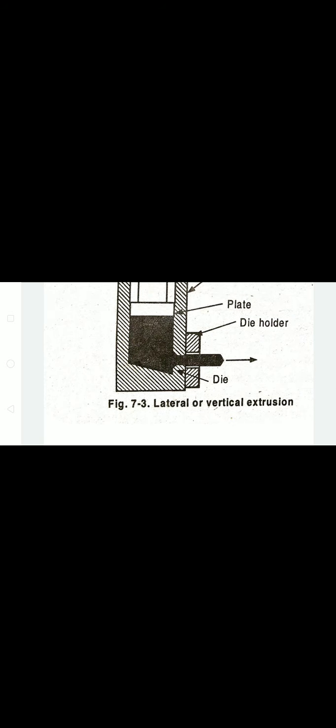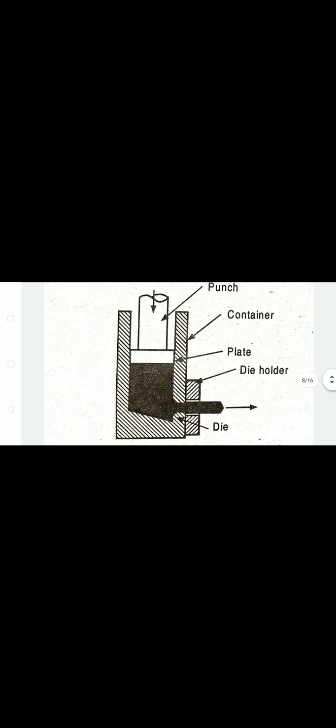This process is suitable for light metals and alloys that have low melting temperature. You can clearly observe that the arrangement of the extrusion equipment is in vertical direction. The container is in vertical position and the die is located at the side. You look at the arrangement, the die is clearly provided aside the container.